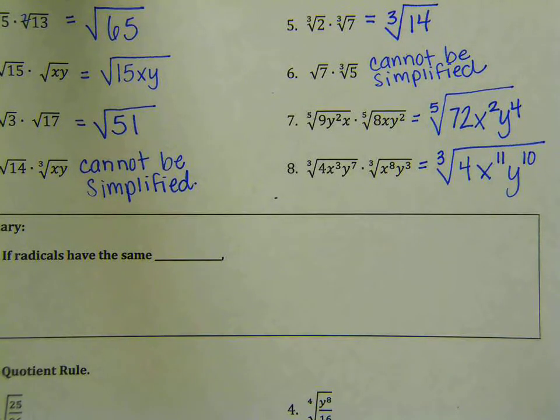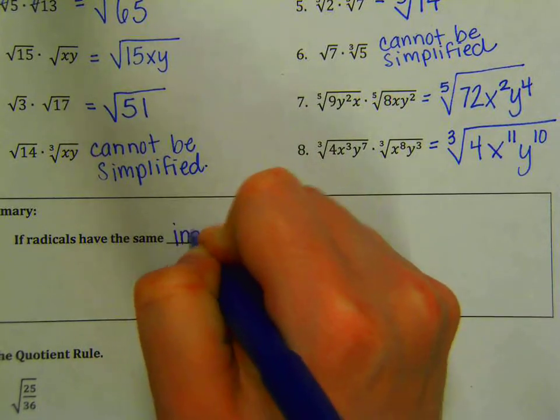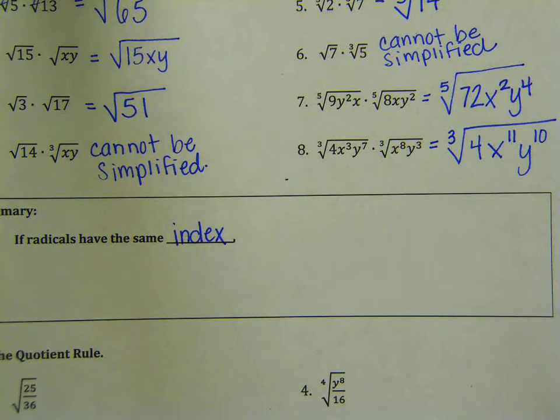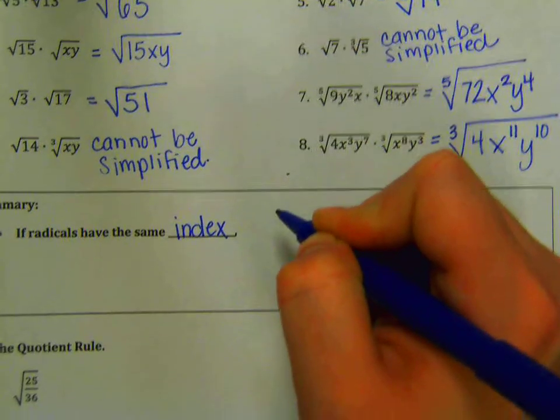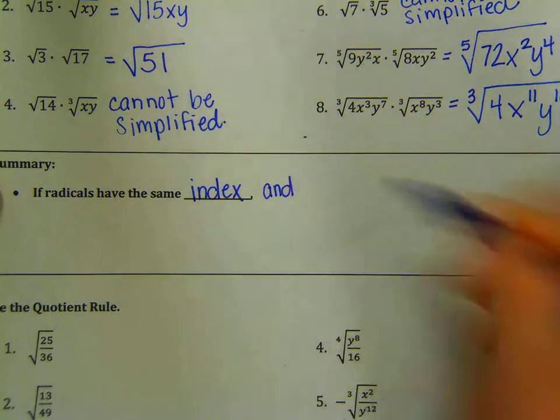So really, your summary, if the radicals have the same what? Index, good. So that's what you're filling in the blank. So if the radicals have the same index, and I'm going to add a little bit more to that. If you have the same index and you're multiplying, so you have to be careful because maybe it doesn't work for every operation.